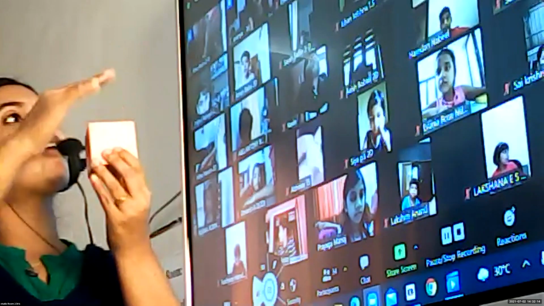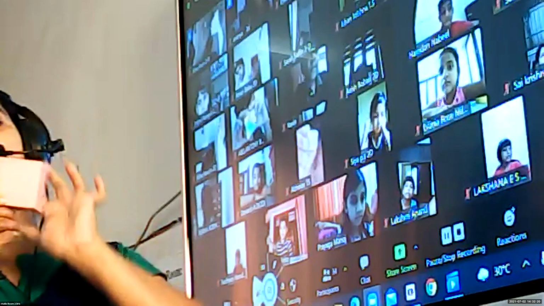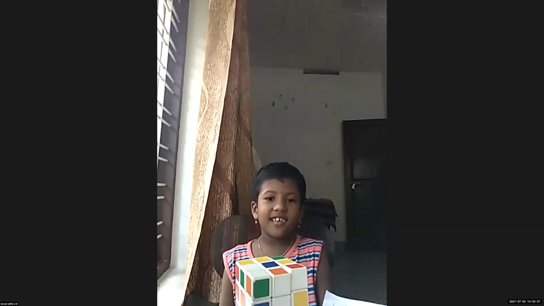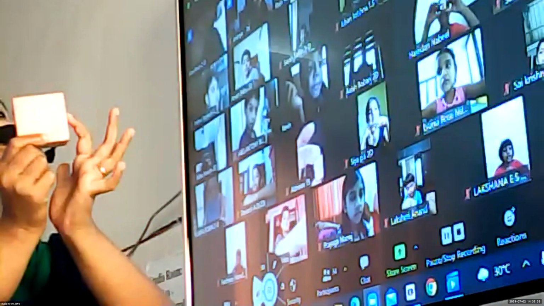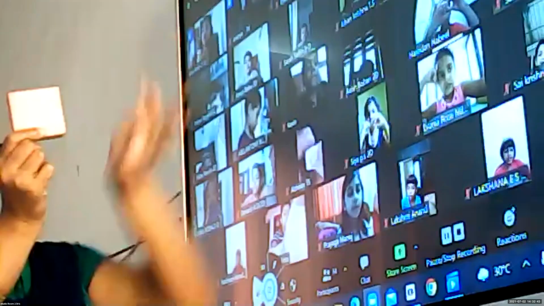Now let us count the number of faces for a cube. How many faces are there? Only 5? No, 6. Let us count. 1, 2, 3, 4, 5, 6.